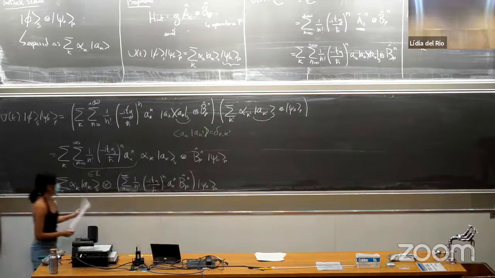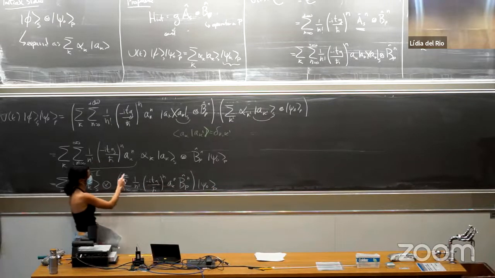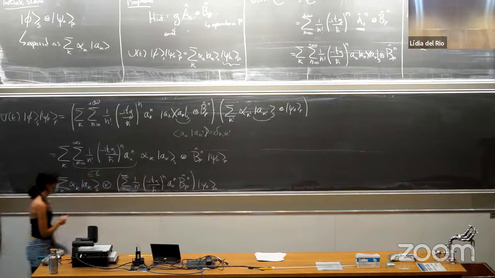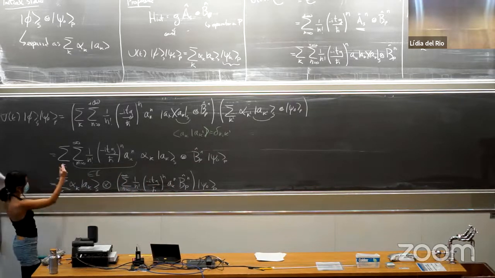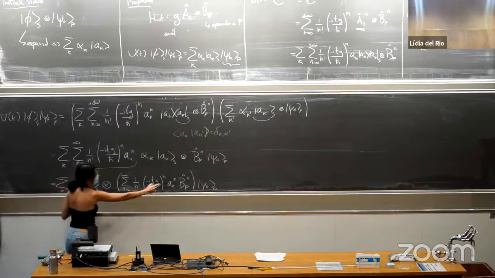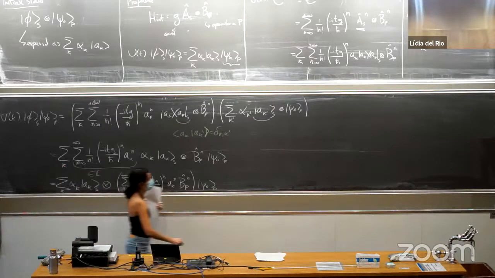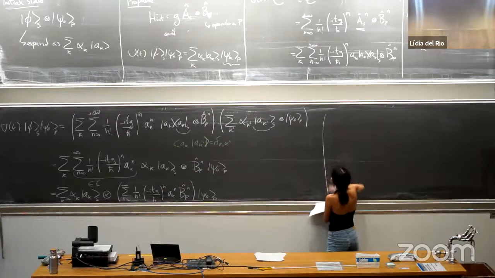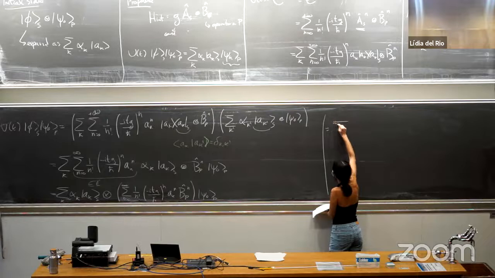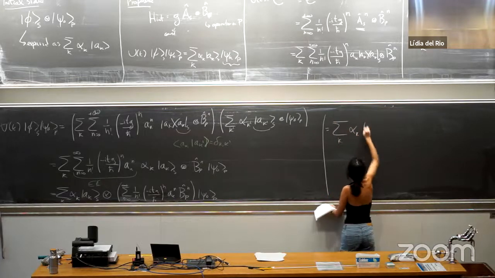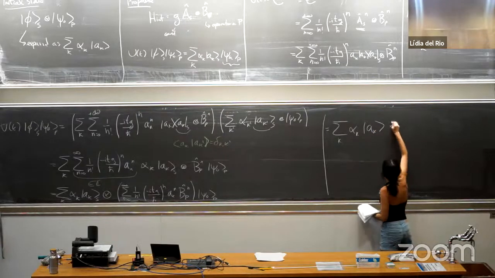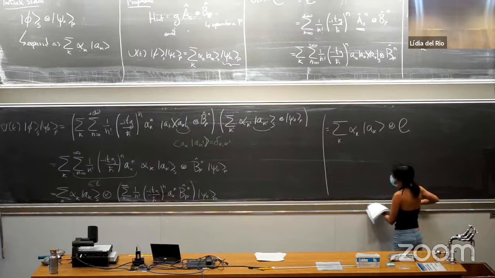Okay. And what's nice is that this again is just the expansion of an exponential. So we start with an exponential on both systems, and now we move it to an exponential just on the second system. So I'll write it again, what this whole thing is. Now we have equals sum over k, alpha k, tensor, now exponential of what?